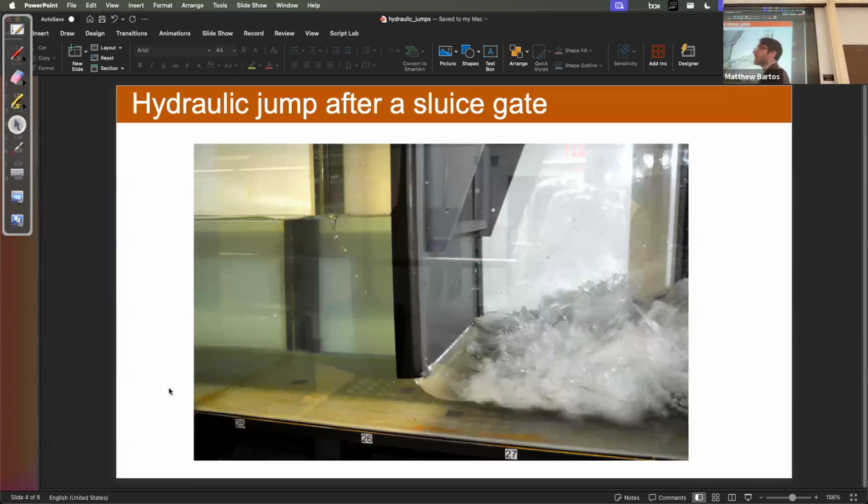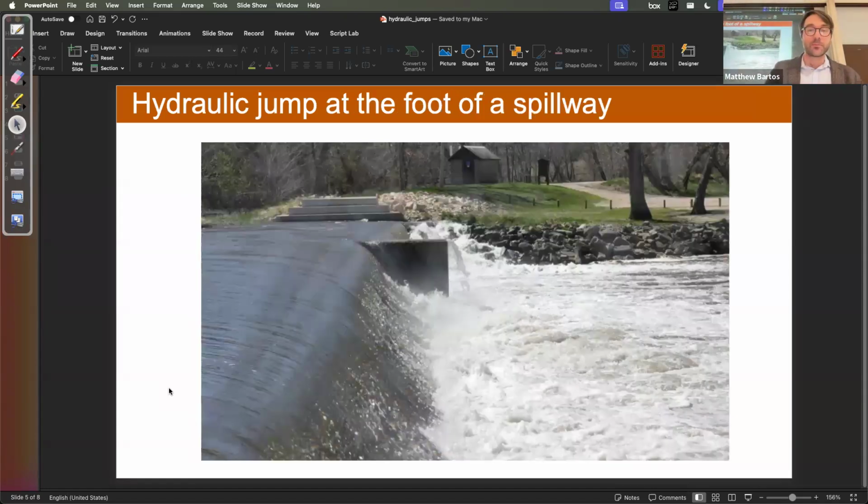So some examples of where you might find hydraulic jumps in terms of hydraulic control infrastructure. Sluice gates, so you can sometimes find these in certain types of dams. You'll have a transition from supercritical to subcritical flow. And again, you can see that energy dissipation in the hydraulic jump.